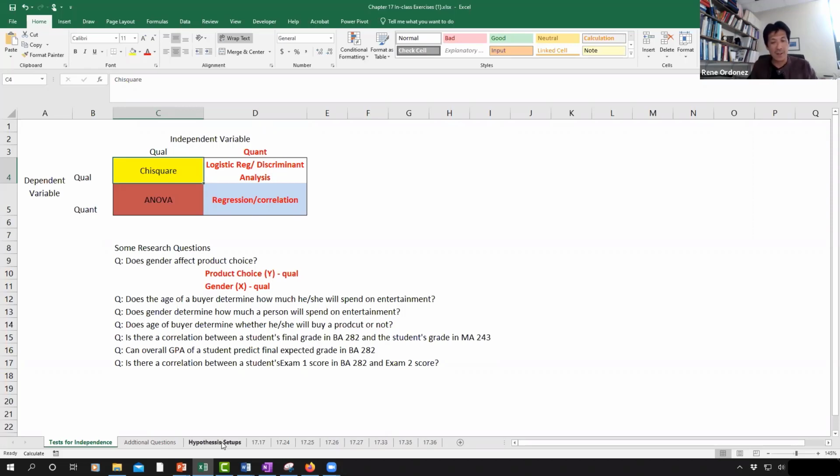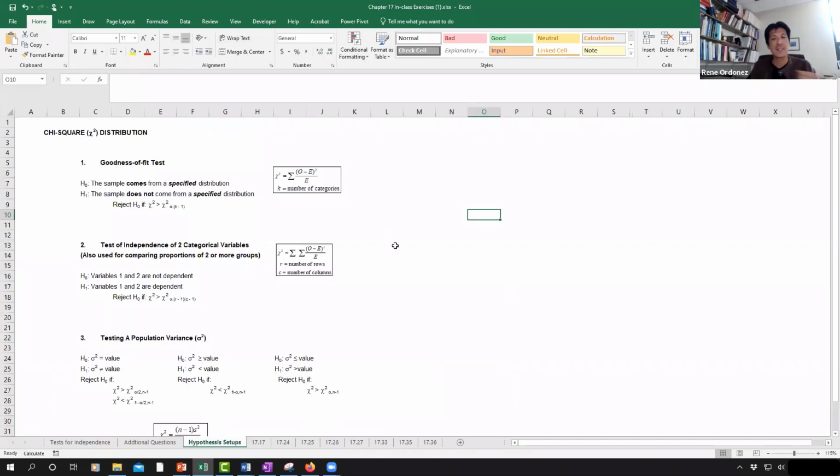In this worksheet, I've summarized the hypothesis setups. You will note that one of the uses of the chi-square distribution is number 2 here, which talks about the independence of two categorical, also known as qualitative, variables.